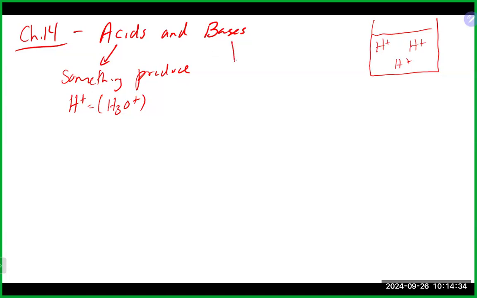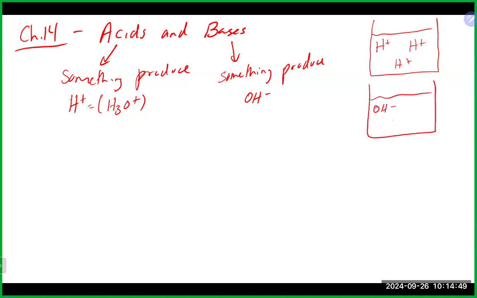A base, on the other hand, is something that can produce OH minus in solution. And it's the same idea. It's something that's able to produce, once again, kind of free floating hydroxide ions in solution. As we'll talk about, the relationship of how much free H plus you have in the solution to how much free OH minus you have in the solution will determine whether or not, for example, the solution is acidic or basic.